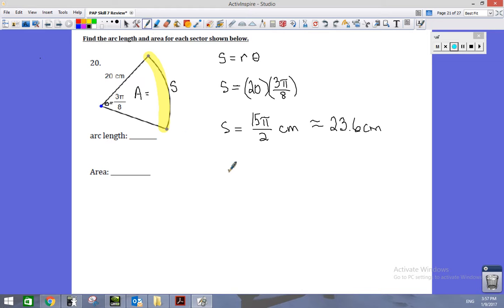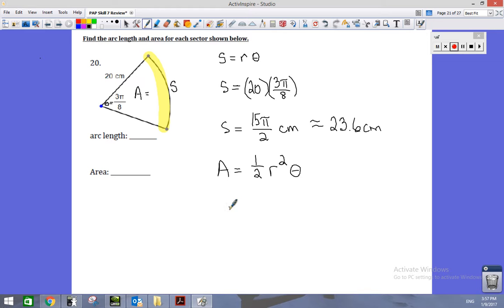All right, what about its area? And again, I have a formula that if I'm given the radian measure of the angle, it's 1/2 times r squared times the angle measure, provided that angle measure is in radians. If it's not in radians, I'll have to convert it to radians.